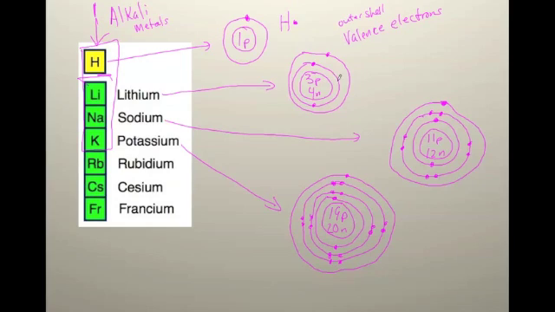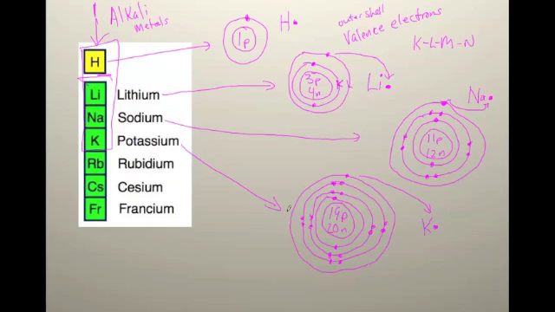Now remember, each shell has a corresponding letter, K, L, M, N, etc. So if we're going to draw the Lewis dot structure for this lithium atom, it would be Li and a dot for the corresponding electron. For sodium, once again, a corresponding electron, and potassium. That's representing the valence shell electrons.